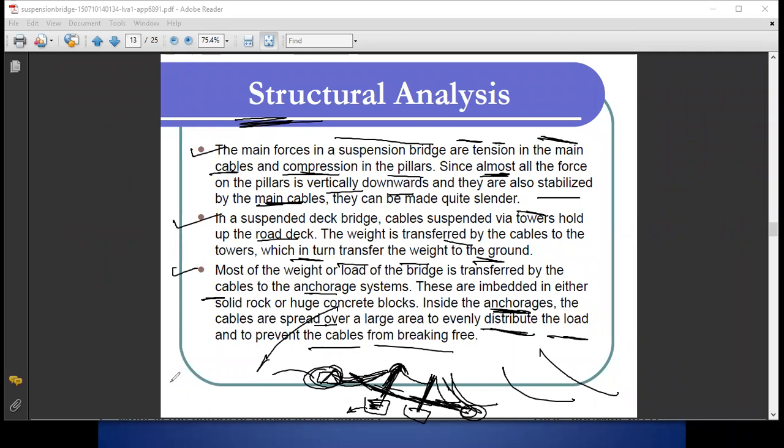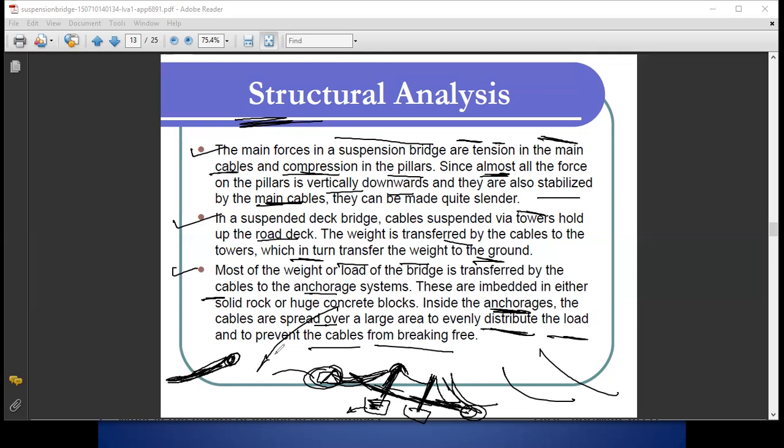So the anchor cables on this side are spread over the larger, wider area to prevent the cables from breaking free.